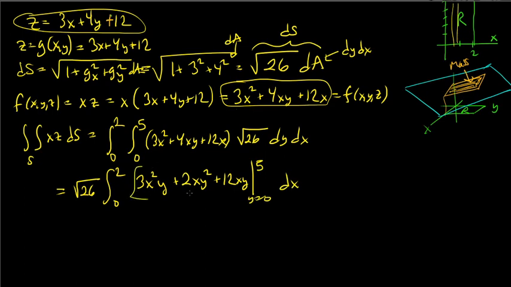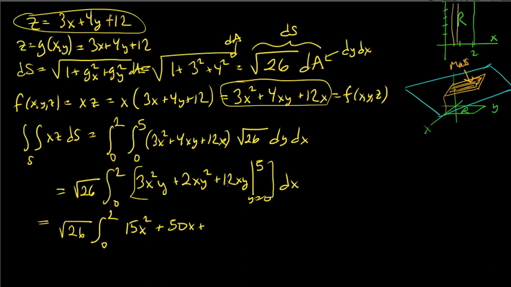So now we just plug in y equals 5 here. When you plug in y equals 0, you usually get 0. So 3 times 5 is 15, so 15x squared. And then 5 squared is 25, 25 times 2 is 50, so 50x.